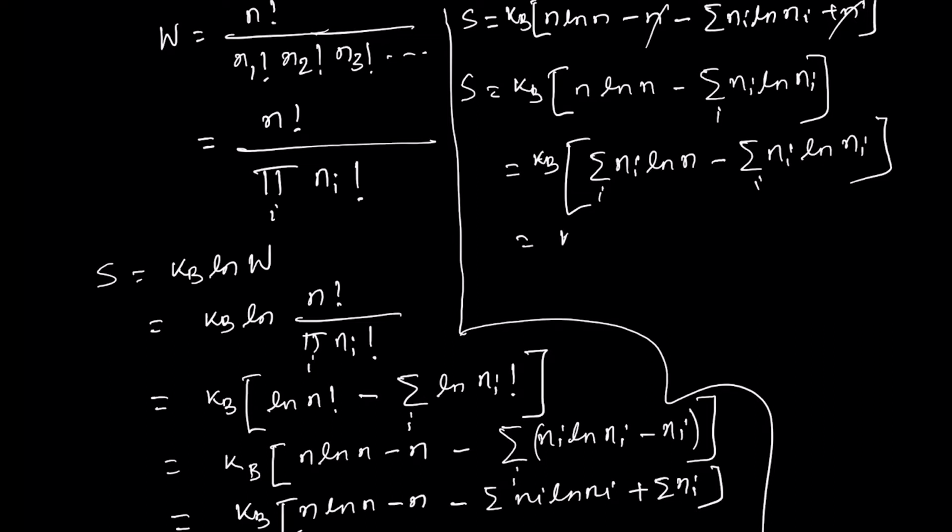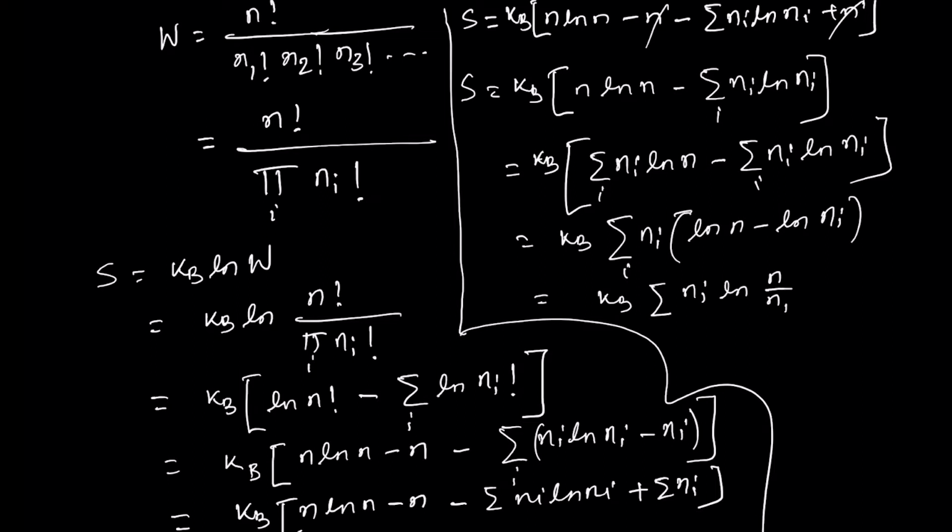Now, I write k_B, taking n_i common, n_i [ln N minus ln n_i]. Now, this equals k_B sum over n_i ln of N by n_i, equal to, now let us take a minus sign, minus k_B sum of n_i ln n_i by N.